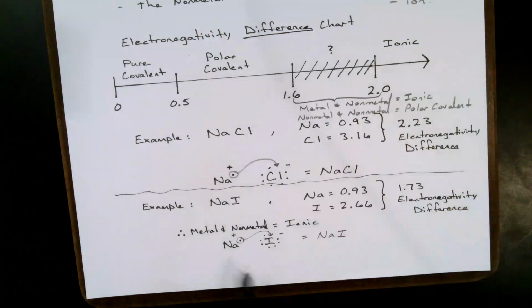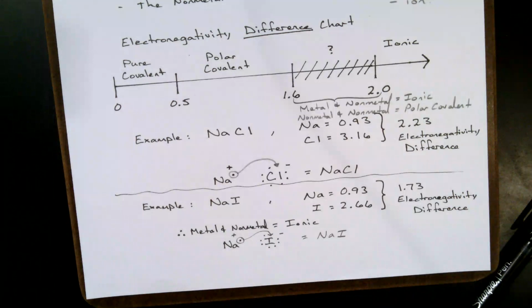Because it's in this middle section, but we are still a metal and a non-metal, we would call it ionic.